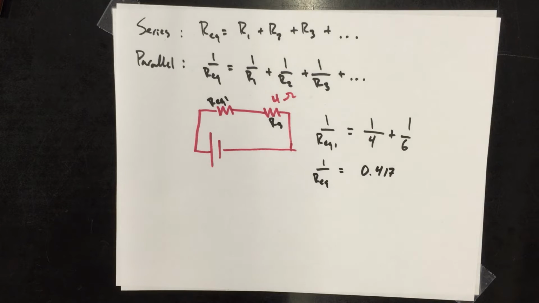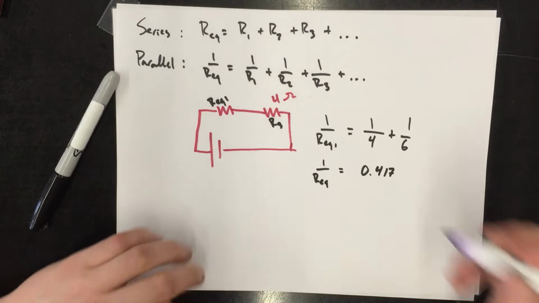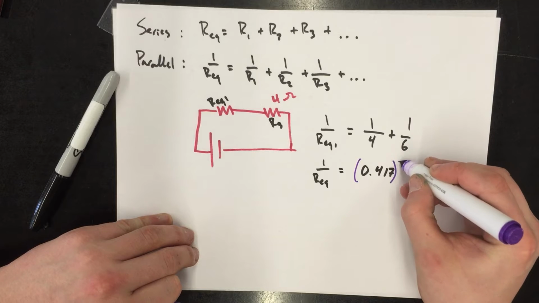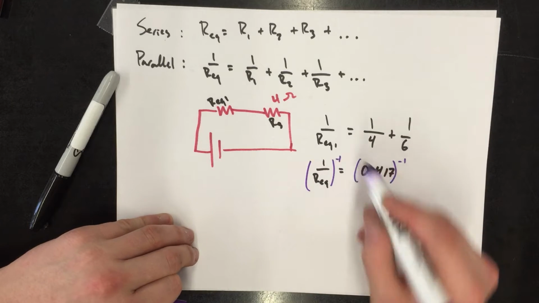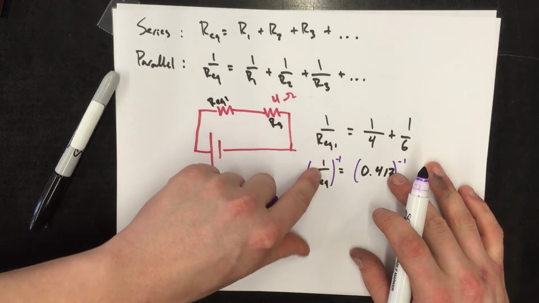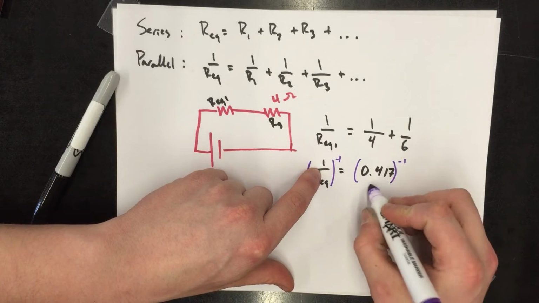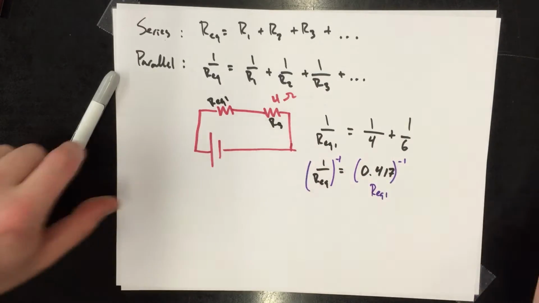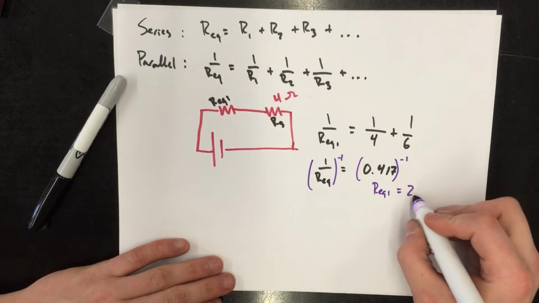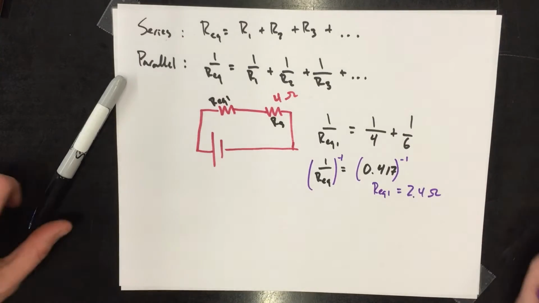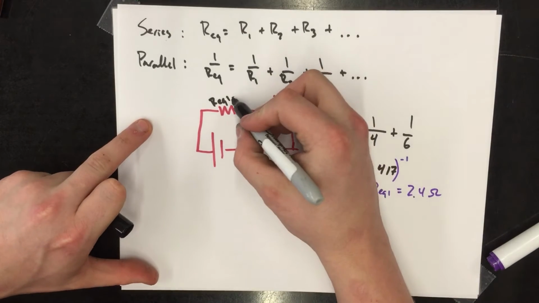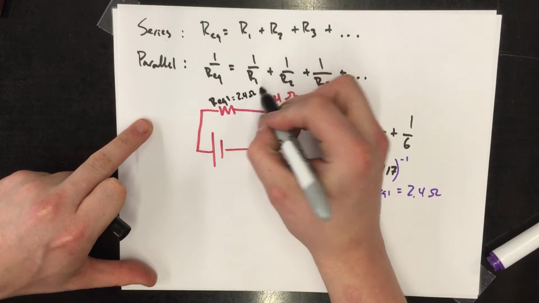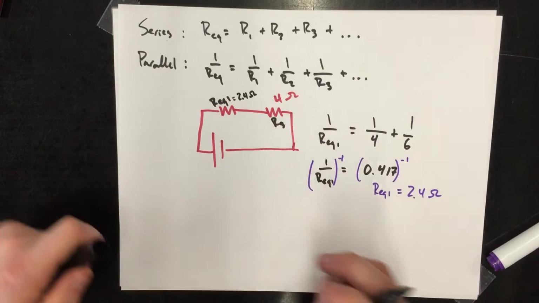The next move in my calculator is to raise this number to the -1. Because if I do that to both sides, I'll flip this equation so that REQ1 is equal to 2.4 ohms. So now I just figured out this resistance.